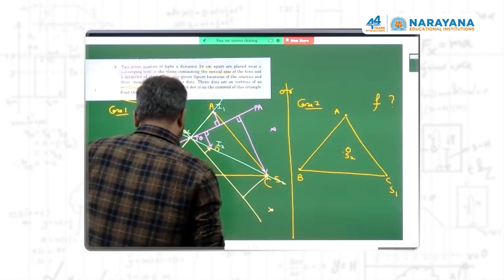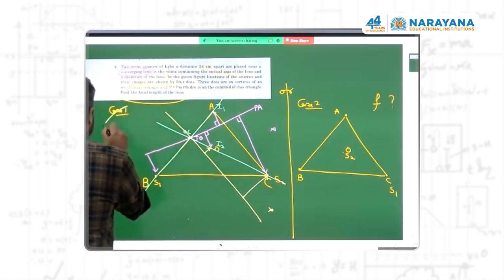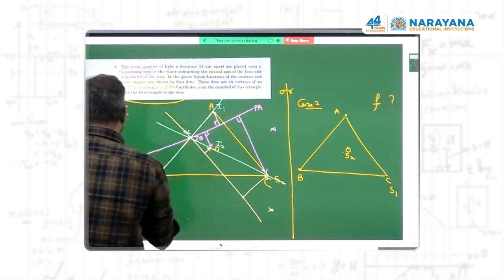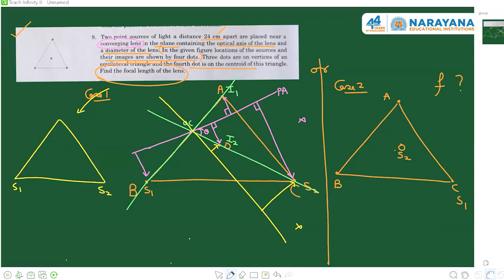Now another student says, fine, you have taken this point as S1, S2, and I1, I2 like this. So just change it. Maybe somebody says, I will take this point as I2. This is A, B, C, and here I have got my centroid, and the centroid I am taking as I1.